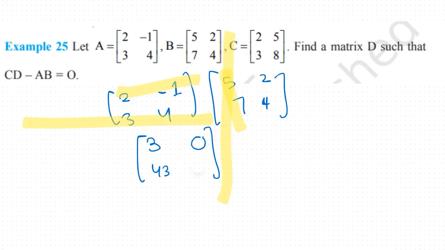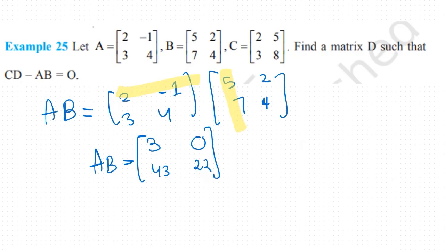So this with this is done. So this with 2 and now 4. 2 and 4. So 6 plus 16, 22. That's it. This is the AB value, the AB product.